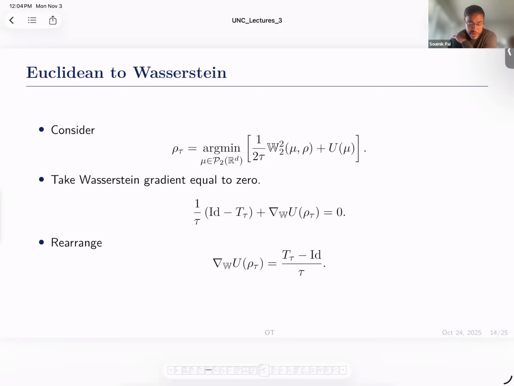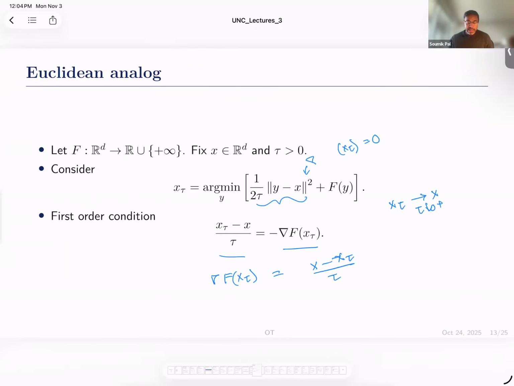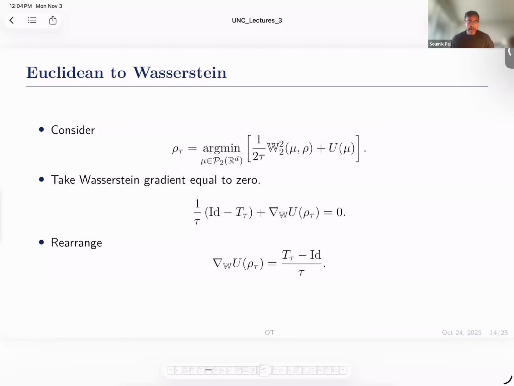That's the problem that I'm trying to solve. Now, if I want to get exactly the same formula, which I have written in the Euclidean case, I can actually also do it now in the Wasserstein case. Why? Because I can have a first order condition of optimality in the Wasserstein space. All I have to guarantee is that the Wasserstein gradient must be zero.